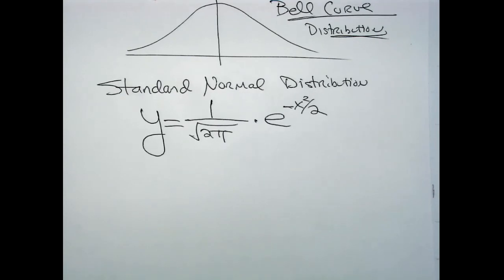Now, it's hard to get into exactly why there's the square root of 2 pi there, but that is what's called a normal distribution for populations.